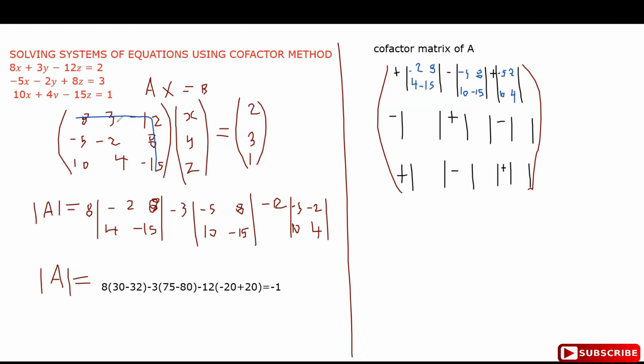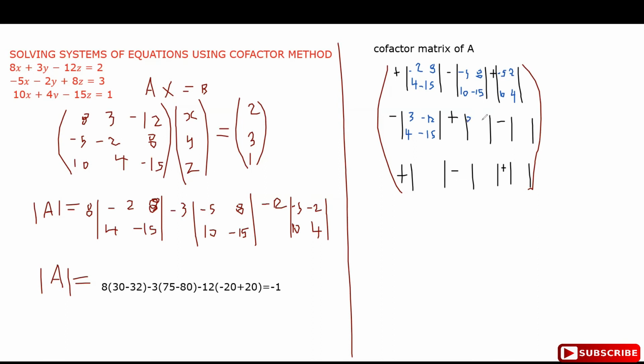And then we cross out the row and the column with the minus 5. We're left with 3, minus 12, 4, minus 15. Then we cross with the minus 2, and that leaves 8, minus 12, 10, minus 15.